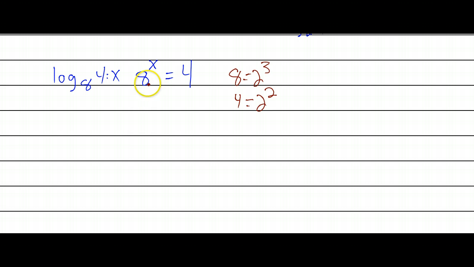Instead of 8 to the x power, we write 2 to the third power to the x power is equal to 2 squared. So now you have 2 to the 3x is equal to 2 squared. Since your bases are the same, you just set the exponents equal to each other. So you have 3x is equal to 2, x is equal to 2/3.